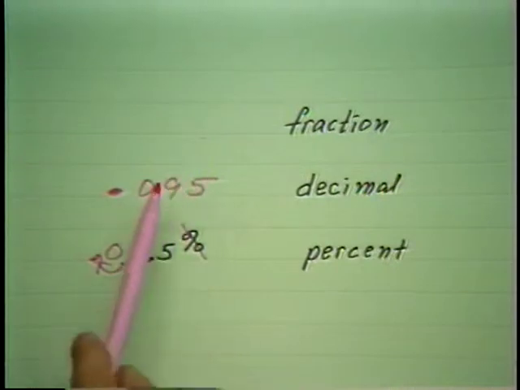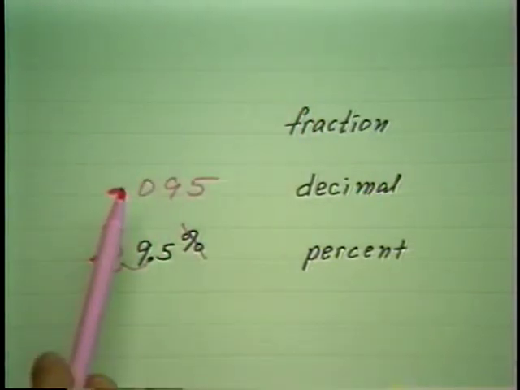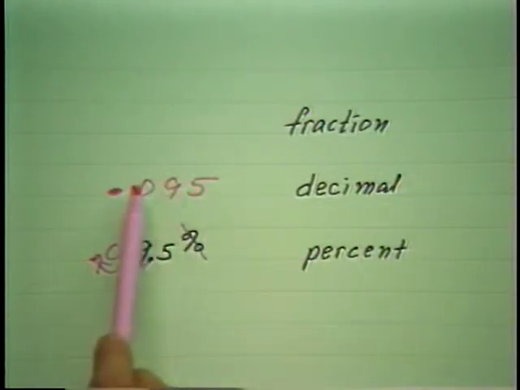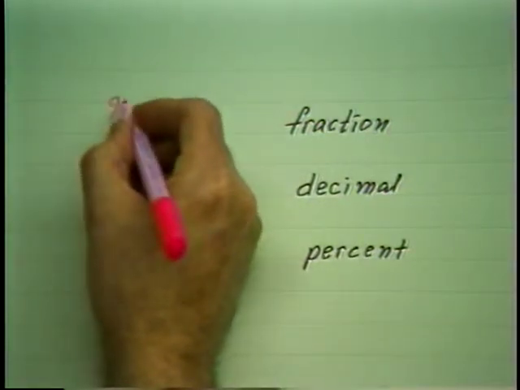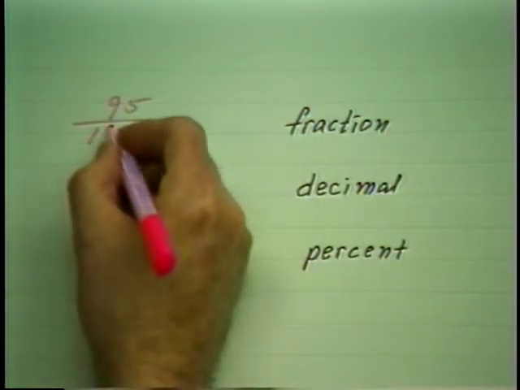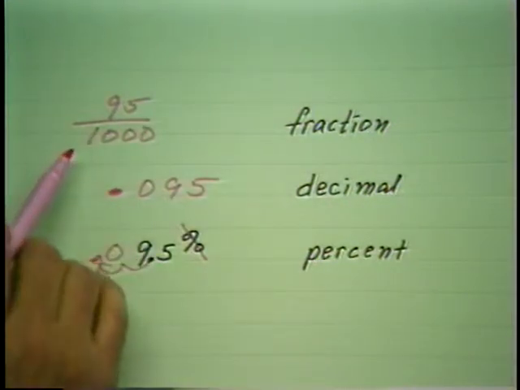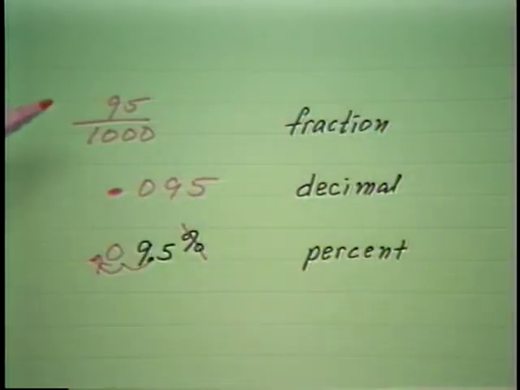And again, to convert this to a fraction, one of the ways we gave you was to say this as a word name. So that's 95 thousandth. So we simply write it, 95 thousandth, and then reduce. In this case, we can see that both top and bottom is divisible by 5.